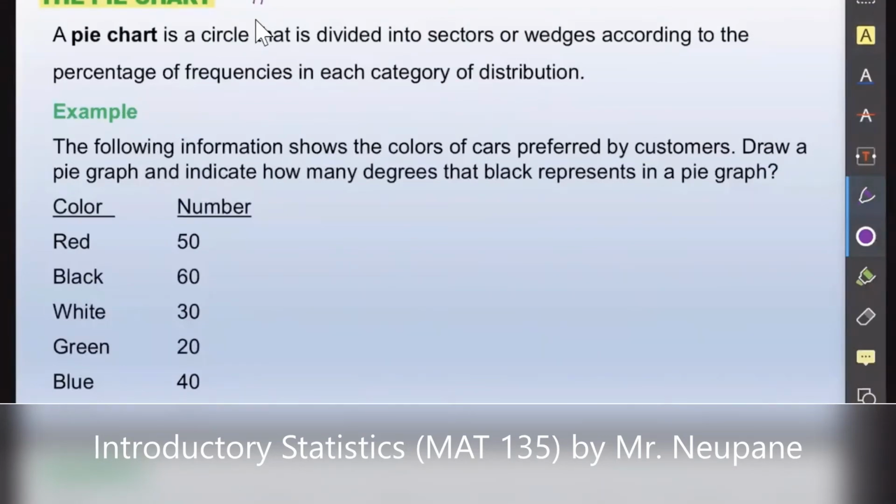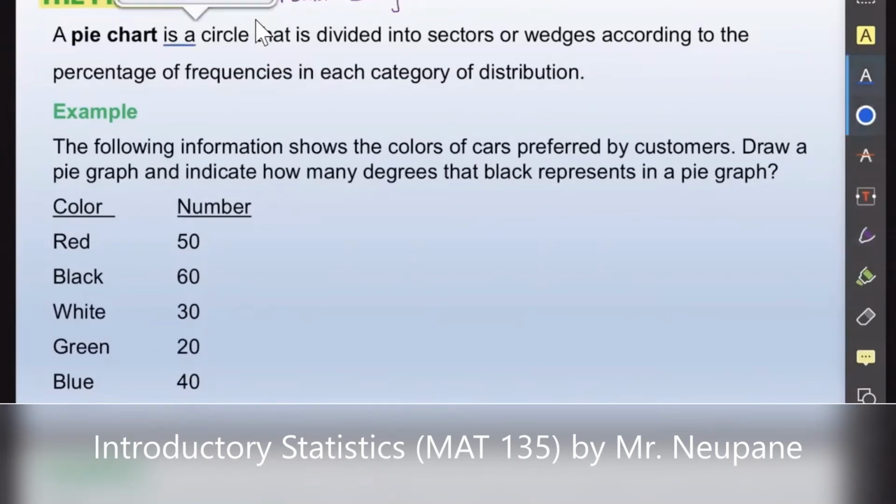But here, when we say pie chart, it is a circular diagram to represent the categorical data.